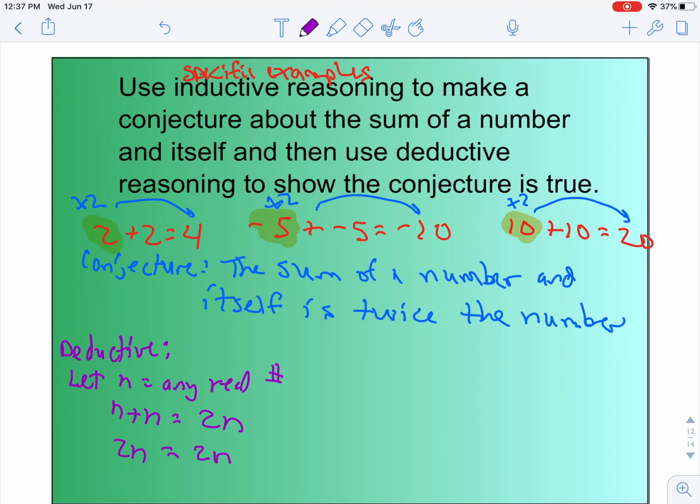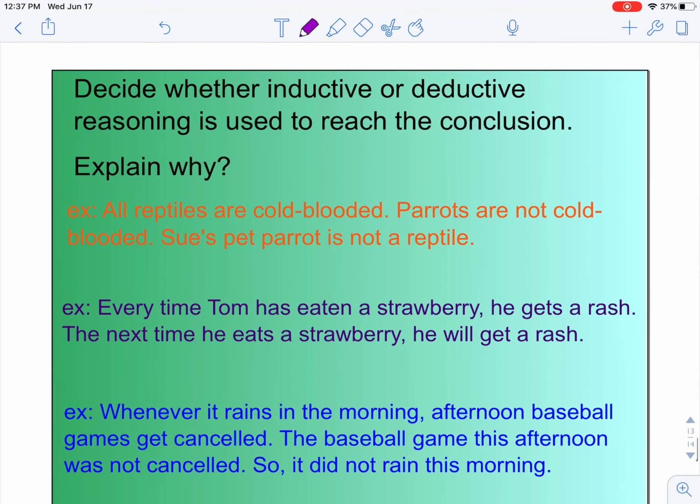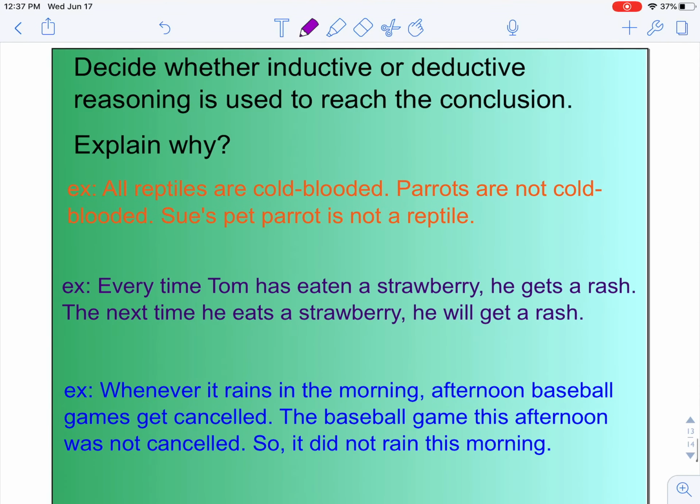And so since n plus n is 2n, 2n equals 2n, and so that is twice the number. So this is saying a number plus itself is equal to twice the number. So we proved it true with deductive reasoning. Again, these two pieces are kind of tricky. See if you can look at these and decide whether inductive or deductive is used.